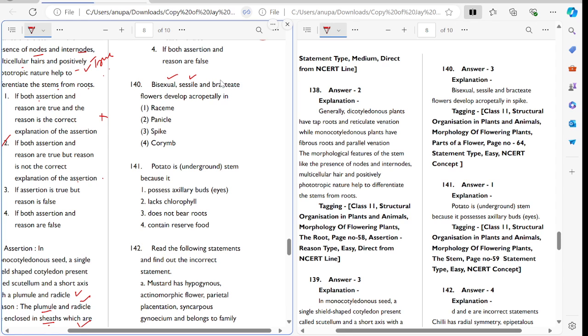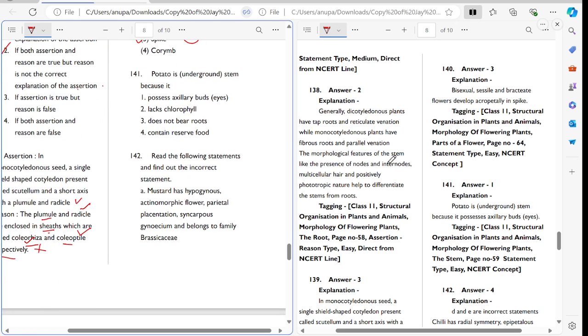And bracteate flowers develop acropetally in. Acropetally means the older is lower and the younger is at the apex. This is not found in panicle type. This is found in spike type of inflorescence. So answer for this question will be option number 3, that is spike.